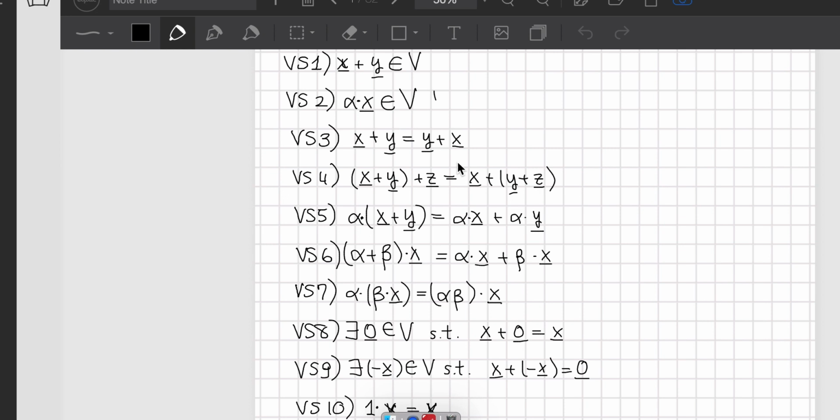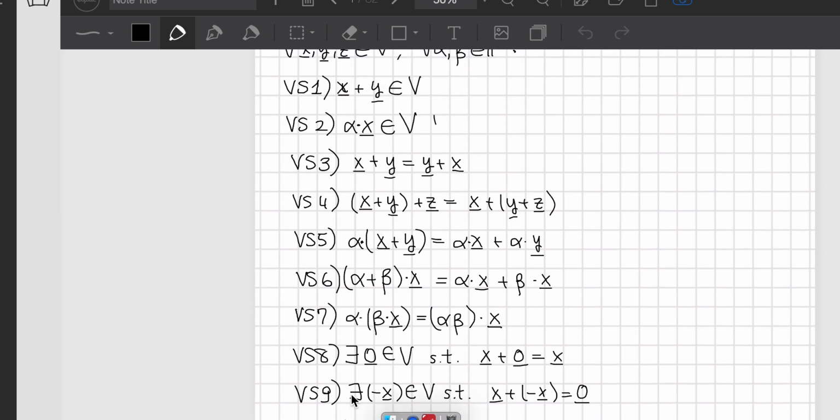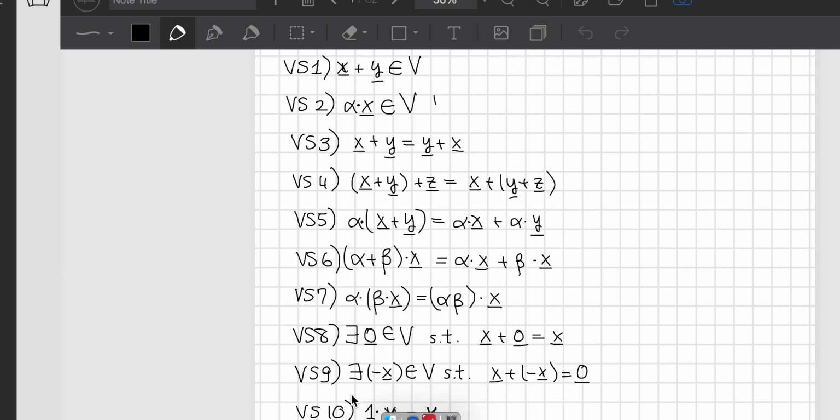So obviously if you're going to take a subset of V, this is still going to hold true, because the vectors belonging to a subset of V also belong to V. So VS3 is true. The same goes for VS4, associativity, VS5, VS6, VS7, and VS10. These are all true for a subset of the vector space.